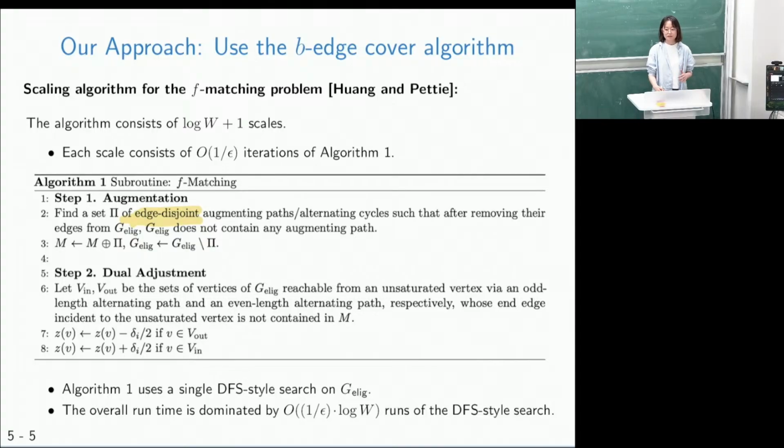In our case, the geometric version of this problem, we want to implement this algorithm efficiently in the geometric setting. So our main goal is to implement this DFS-style search in our geometric setting.